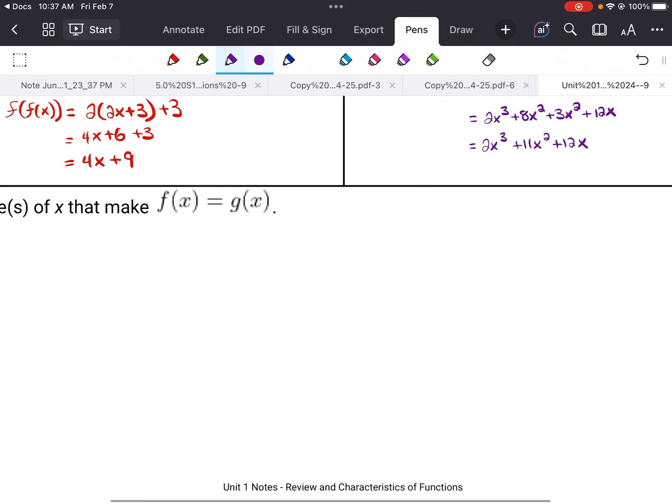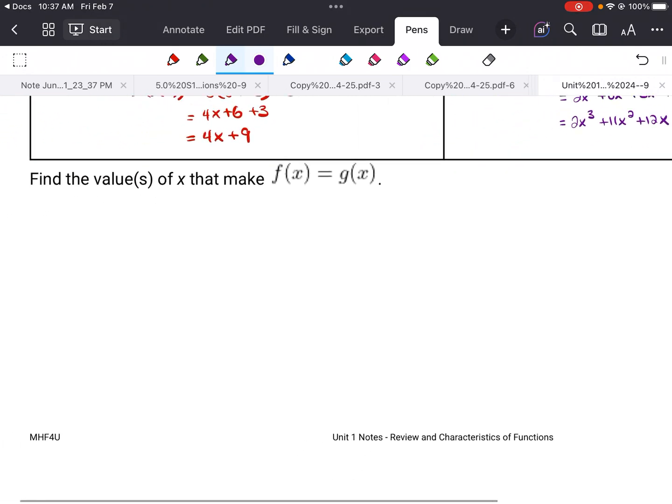Okay, and then the last one, find the values of x that make f of x equal g of x. So we have f of x equals g of x, and this time it wants us to find the values of x. So we're going to put everything over to one side.